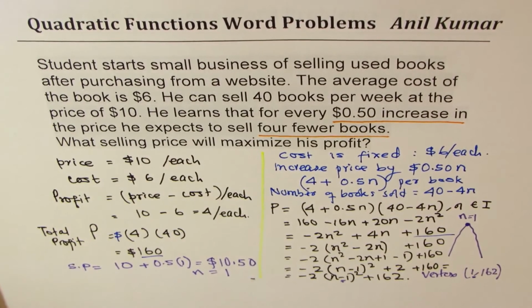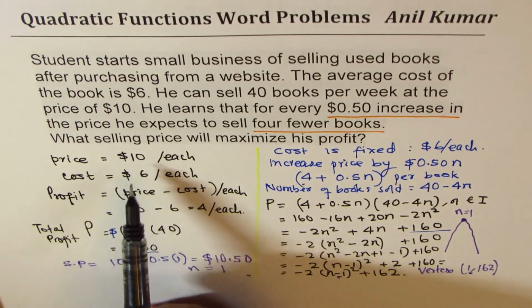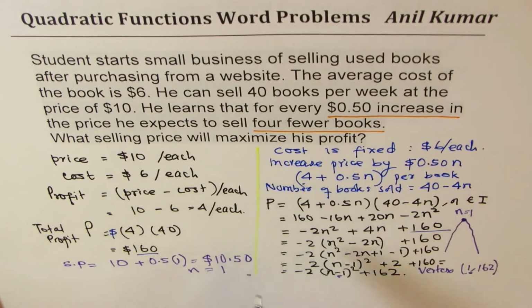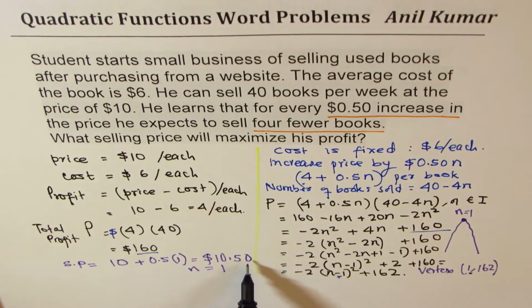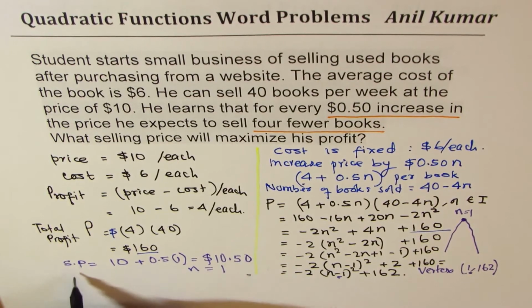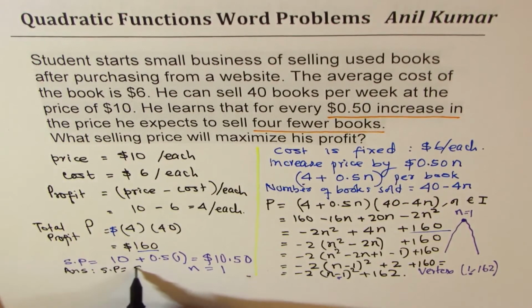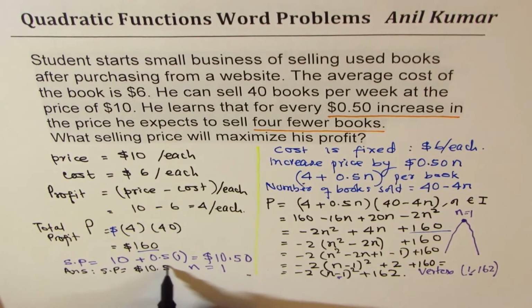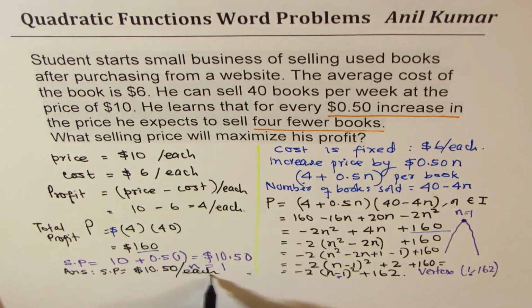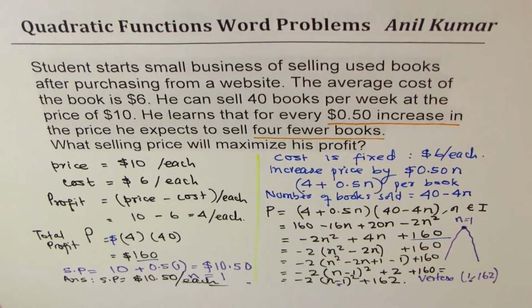Is that clear to you, right? We are increasing in multiples of 50 cents. So 1 multiple of 50 cents is 50 cents. So 10 plus 50 cents is $10.50. So that is our answer, right? So our answer is selling price equals $10.50 each. Okay? Let's move on to the next question now.